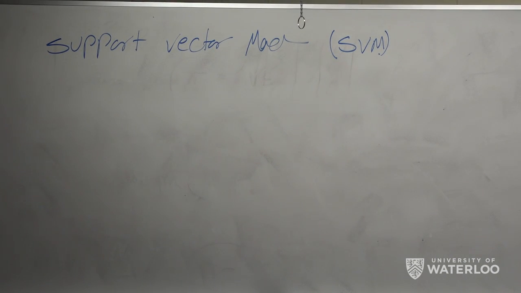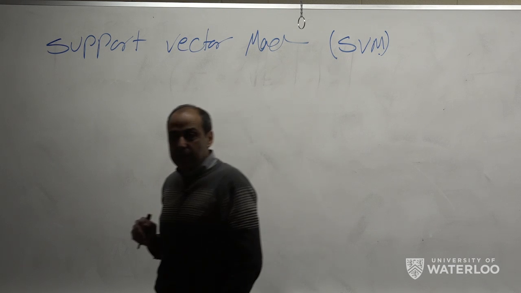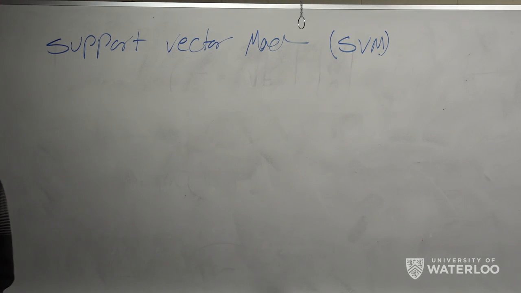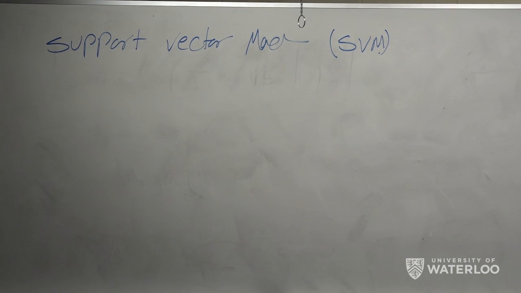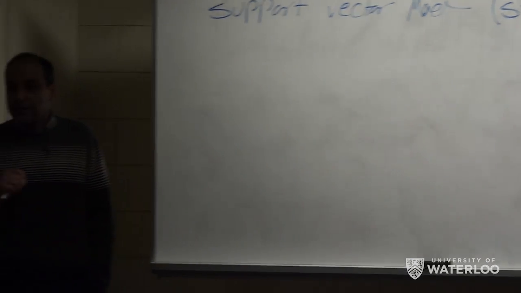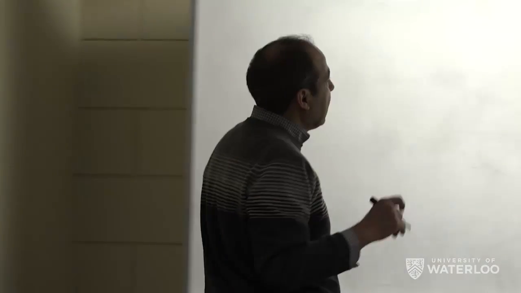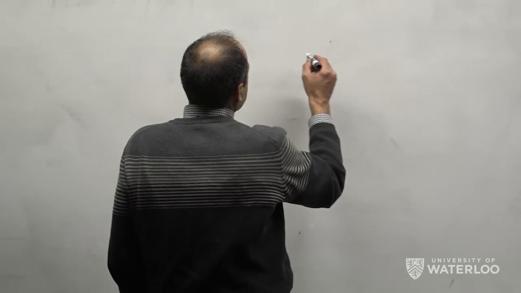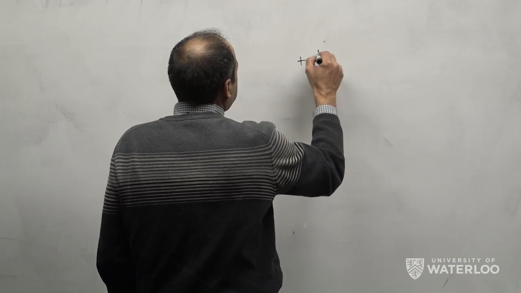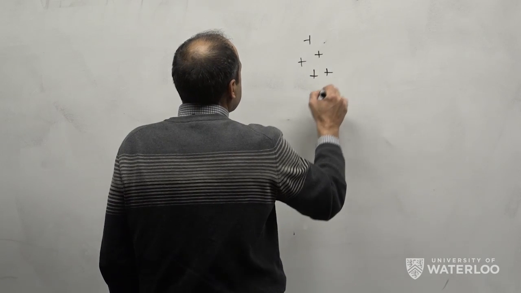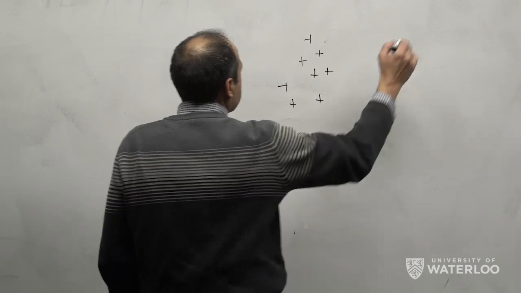Okay, let's start with a very simple case. This simple case is the case that we have two classes, and we would like to learn a classifier to make a distinction between these two classes. And again, for simplicity, assume that this data is linearly separable.